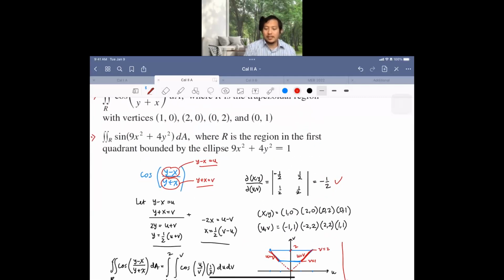Because it's giving you the same ellipse, with constants 9 and 4, you can imagine which x and y, when you convert to u and v, result in a common number for 9 and 4, which is 36, right? 36 that you can imagine.